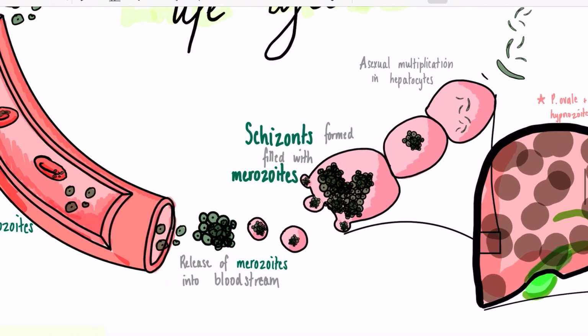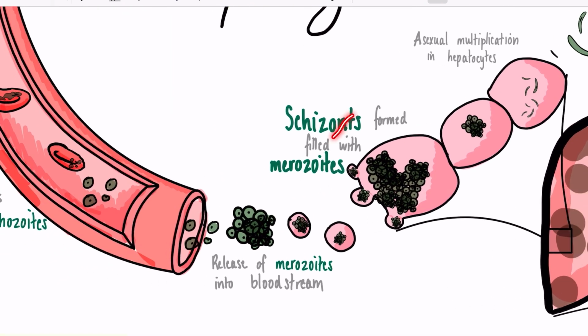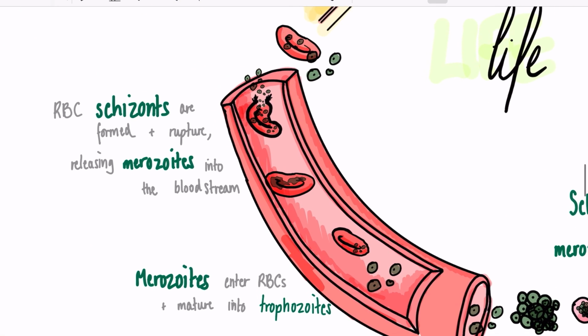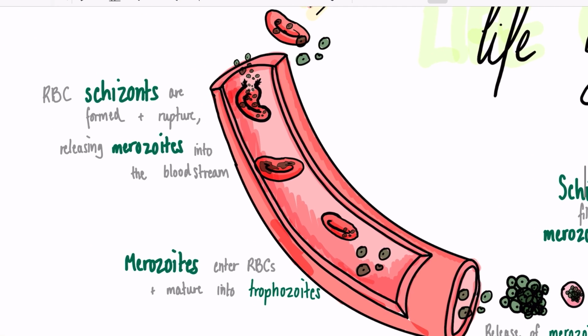Once these merozoites have replicated to their satisfaction, they are released into the bloodstream where they mature into trophozoites, which are these little guys here. Oh, you know what? I take it back. Merozoites enter red blood cells and mature into trophozoites.